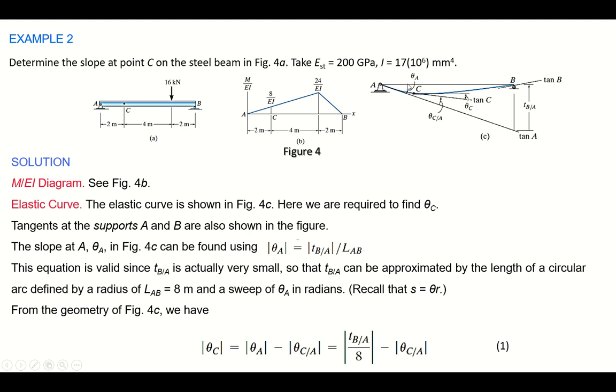So this is the slope theta at A. This is our tangent at A. This is our tangent C, and this is our tangent B. Now at all the 3 points we have drawn the tangents, and the angle between tangent A and tangent C is called theta C by A. The angle between tangent C and the horizontal is theta C, and the angle between horizontal and tangent A is this theta A, right?